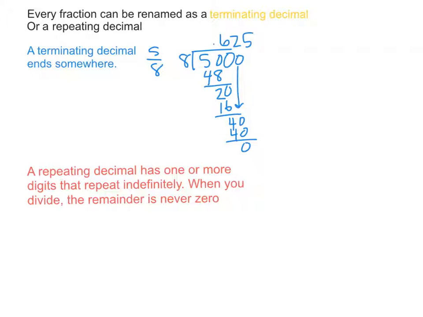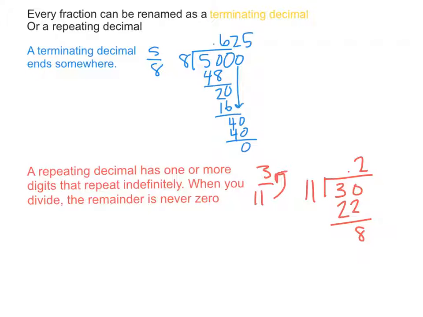Let's look at the fraction 3/11. If we want to make 3/11ths into a decimal, we have to divide the bottom into top. So 11 into 3. 11 can't go into 3, so we add the 0 and the decimal. 11 into 30 is 2, and that gives us 22 with a remainder of 8.